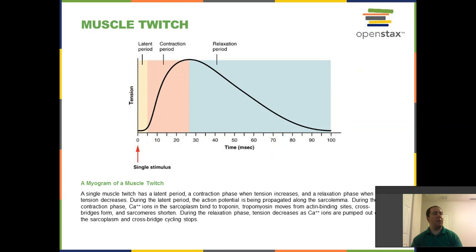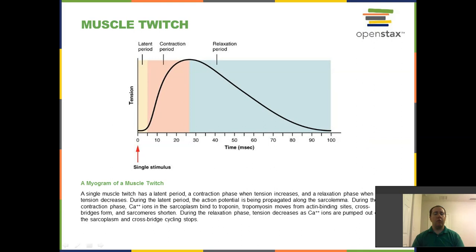So 100 milliseconds, which is the end of our graph, is a tenth of a second. A millisecond is a non-relatable amount of time, but a tenth of a second is something that you can relate to. So what we're looking at is the amount of force being applied by this muscle over a time span of a tenth of a second.